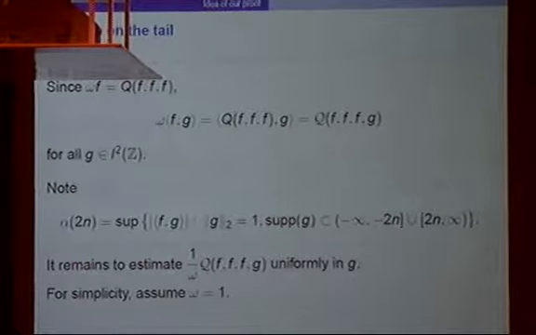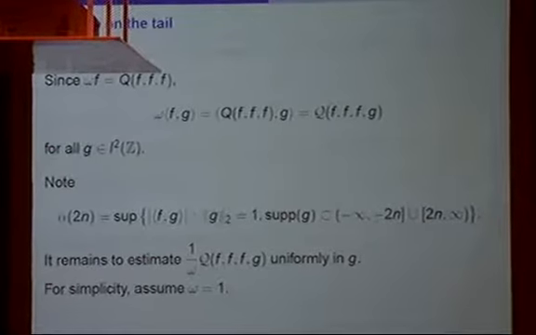And for simplicity, let's assume omega is 1. Okay, so now we are going to concentrate on how to get a bound for q of f, f, f, g, where g has support right there with norm 1. That's what we want to do.